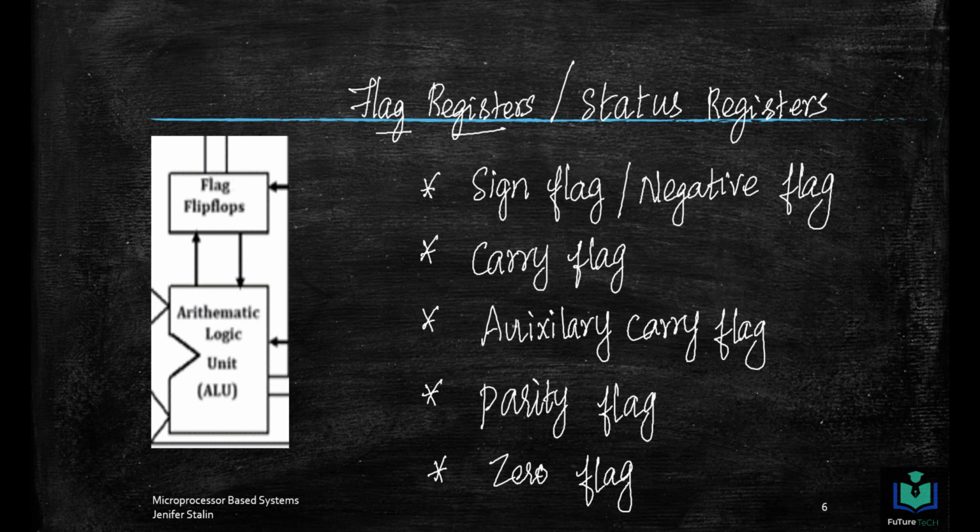Similarly, when it results in an auxiliary carry, the auxiliary carry flag is set, otherwise it is reset. When the arithmetic operation results in an even number of ones, the parity flag is set, otherwise it is reset. Similarly, when the arithmetic operation results in 0, the zero flag is set, otherwise it is reset. So let's see some examples illustrating these status registers.